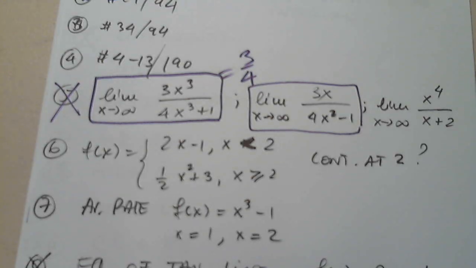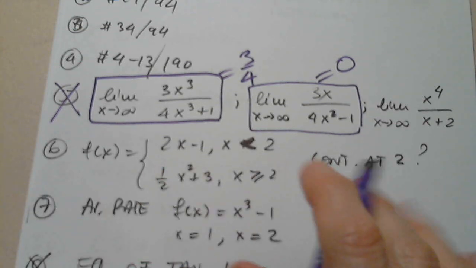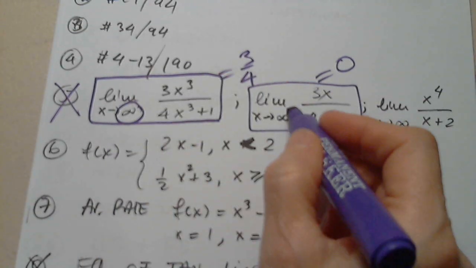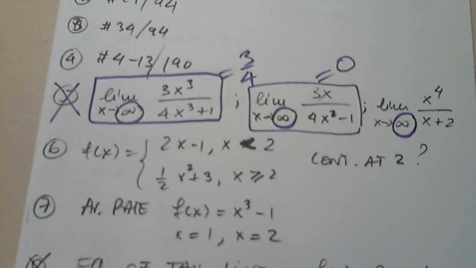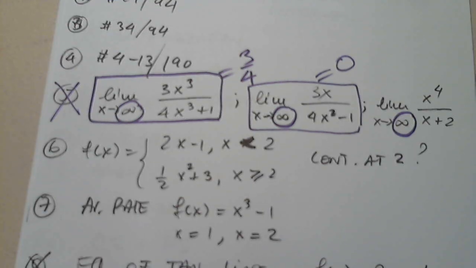Is that one 0? Yes. When the denominator is more powerful, the limit is 0. And remember, all this is considering infinity or negative infinity. No other number. This infinity is a symbol. It's not even a number. But we're not talking about x approaching 1 or 2 or 3 from the left, something like that.